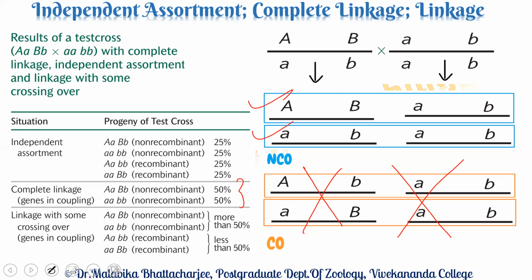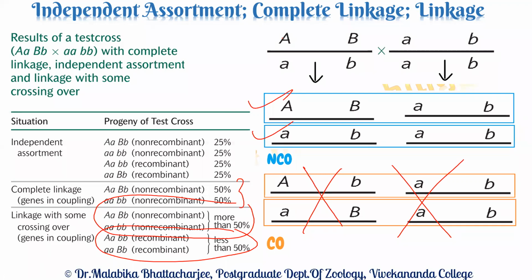Then the parental products or gametes are obtained at more than 50%, and the recombinant products are obtained at less than 50%. So the moment we have a value of recombinant gametes less than 50%, we understand that incomplete linkage is present between these 2 genes in concern.